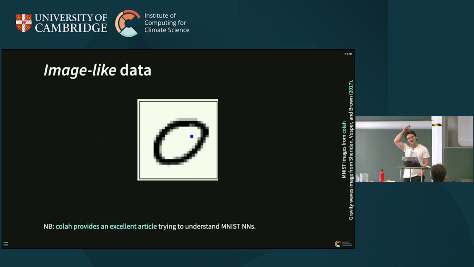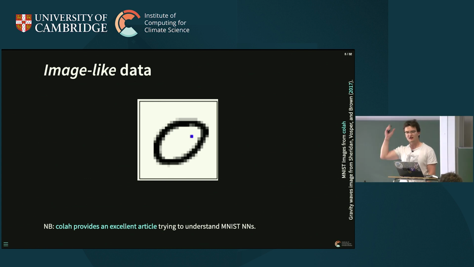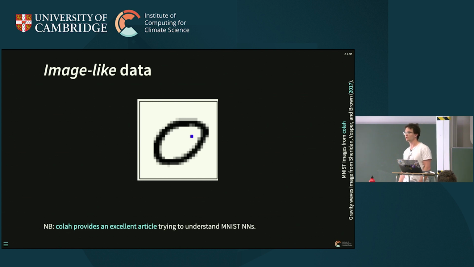So one thing that becomes quite important within climate science is recognizing what image-like data is. All these classic things we learn about and train on are images: cats, dogs, numbers. But when a neural net works on things, so this is one of the digits from the MNIST set, some people have tried to understand, when I talked about feature recognition earlier, how these encoder layers are working.